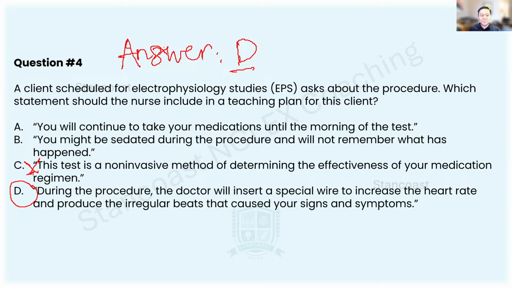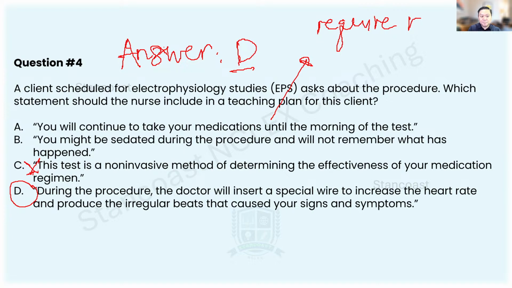Now, if you answered letter A, you will continue taking the medication until the morning of the study or the test. Well, this will require the withholding or maybe adjustment of the medication.